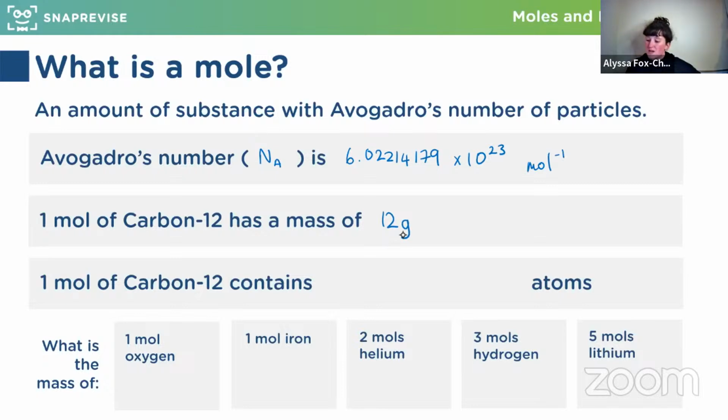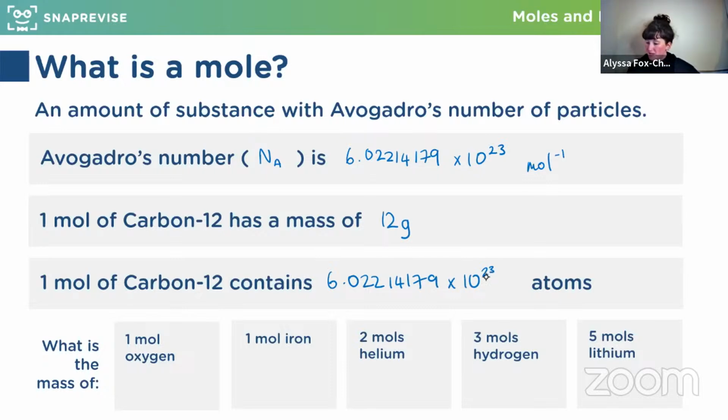Avogadro worked out that the elements related to one another, relative to 1/12 the mass of carbon-12, in a nice, neat way, which meant if you had 1 mole of any of these elements, it matched their atomic mass, which is very handy. So 1 mole of carbon-12 must contain 6.022 times 10 to the 23 atoms.